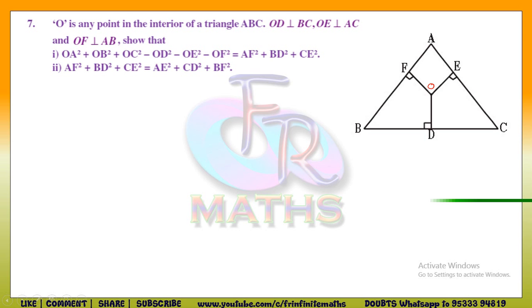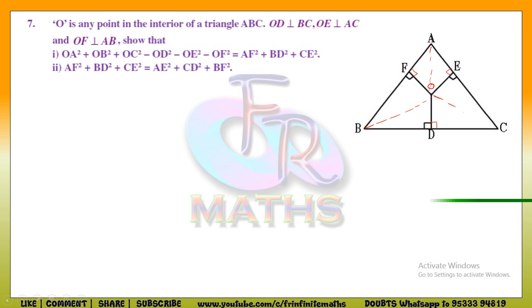For that, first of all, this side is also perpendicular, here also it is perpendicular and here also it is perpendicular, right? If you observe these figures clearly, if you want to apply Pythagoras theorem, since we have right angles but we don't have triangles, what I am going to do is join O with B, O with A and vertex C with this O. Then automatically I am going to have 6 triangles.